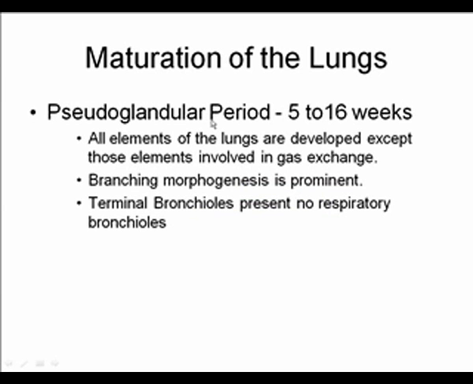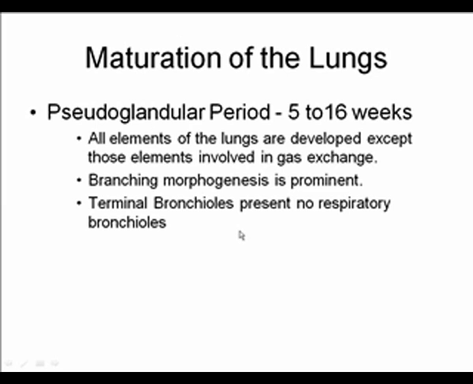The pseudoglandular period is an important period when the branching of the respiratory tree occurs. It's a branching process that takes place, and it's very consistent in the way this branching occurs.